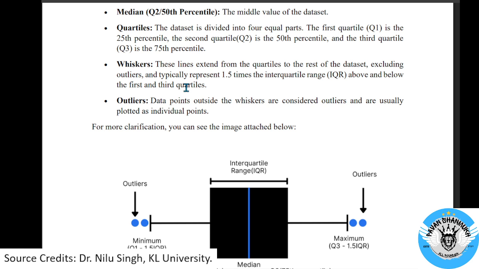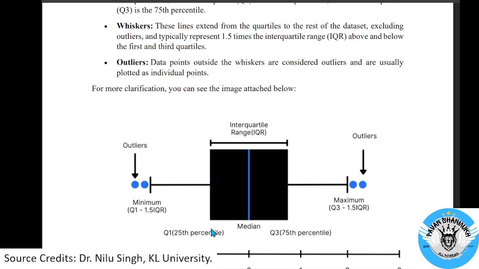The median is the middle value of the data set, that is this blue line. Quartiles range within the interquartile range itself. The first point is Q1, the 25th percentile. The median is Q2, the 50th percentile. This line is Q3, the 75th percentile.